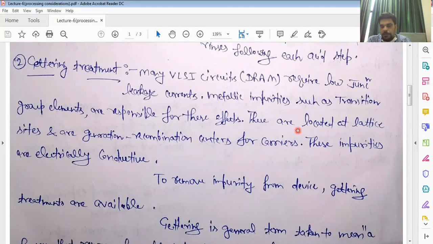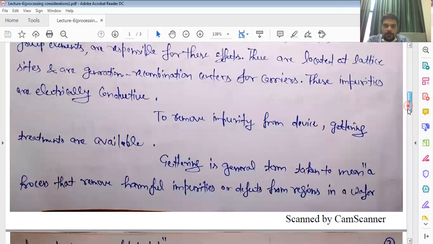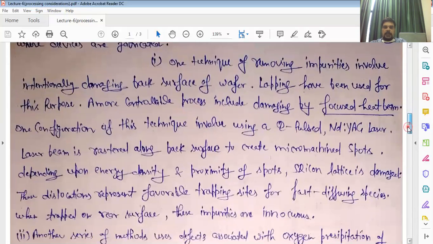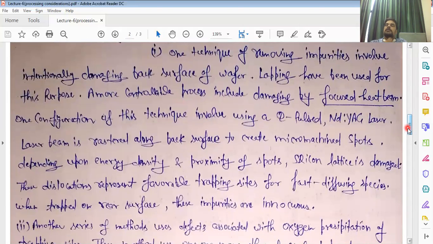So these impurities are electrically active, so they need to be removed. To remove these impurities from the device, gettering treatments are used. Gettering is a process that removes harmful impurities or defects from regions in a wafer where devices are fabricated.